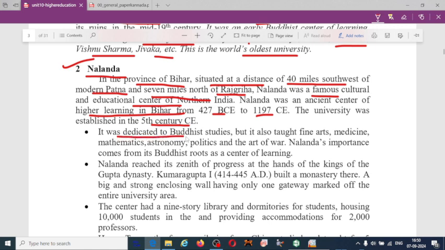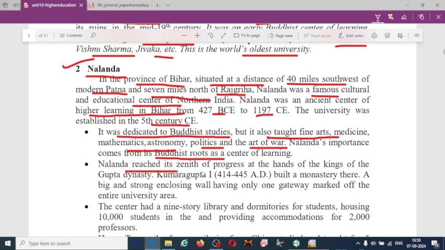It was dedicated to Buddhist studies, but it also taught fine arts, medicine, mathematics, astronomy, politics, and the art of war. So Nalanda's importance comes from its Buddhist roots as a center of learning. They were specifically dedicated to Buddhist study, but other than that, they used to teach other subjects also.